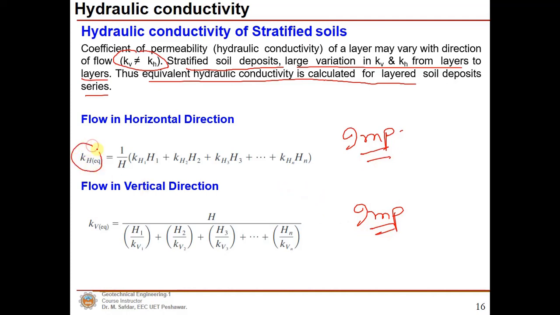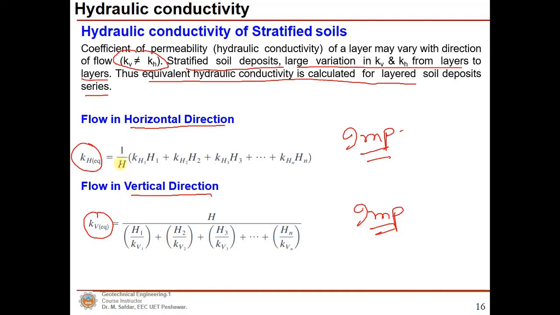Now, Kh equivalent is the equivalent hydraulic conductivity for the flow occurring in the horizontal direction, and Kv equivalent is the equivalent hydraulic conductivity when the flow is occurring in the vertical direction.